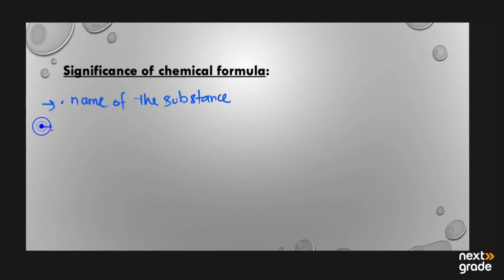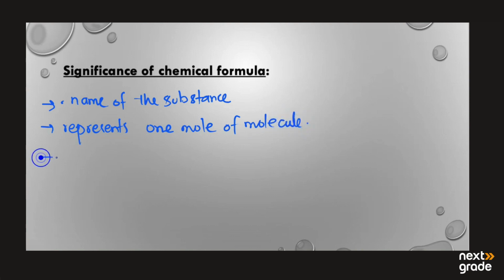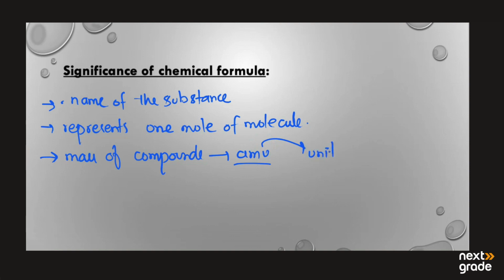Second, it represents 1 mole of the molecule. Further, it also indicates the mass of the compound, and that mass must be in atomic mass units, the unit used to represent the mass of the compound.